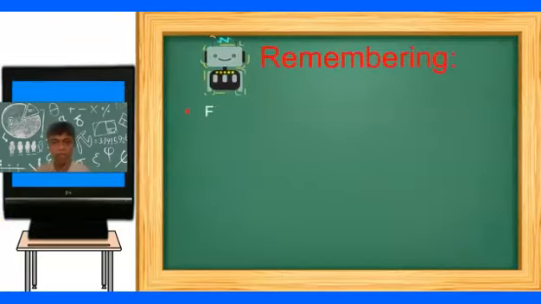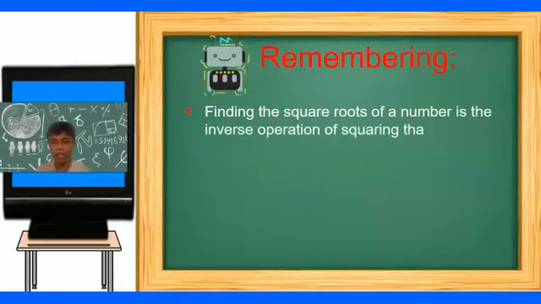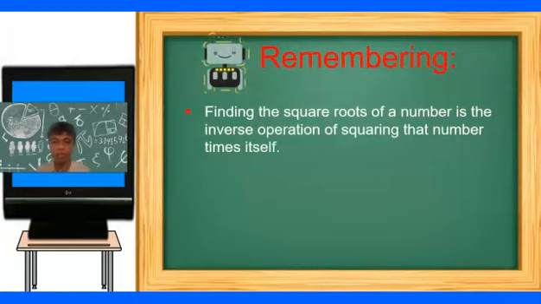So, recall muna tayo. Finding the square root of a number is the inverse operation of squaring that number times itself. For example, 5 times 5, pwede natin express yun as 5 squared. Another, 10 times 10, pwede natin express as 10 squared.